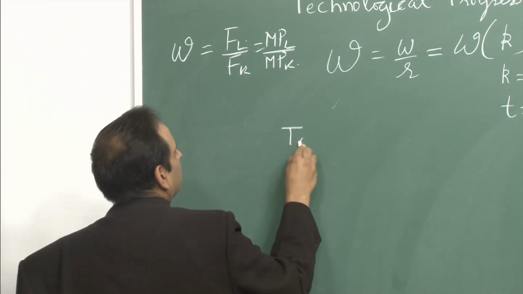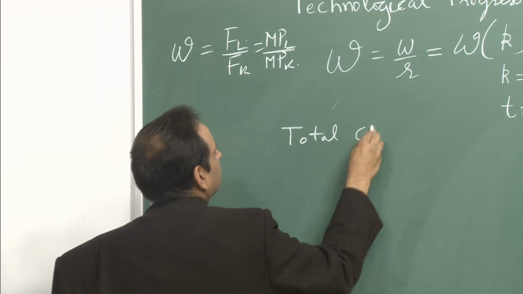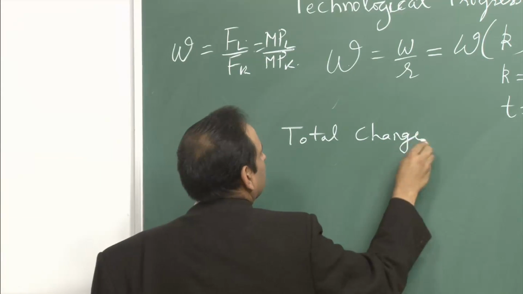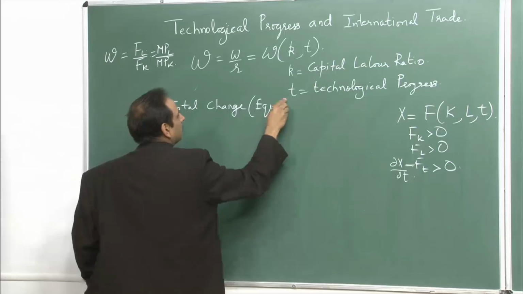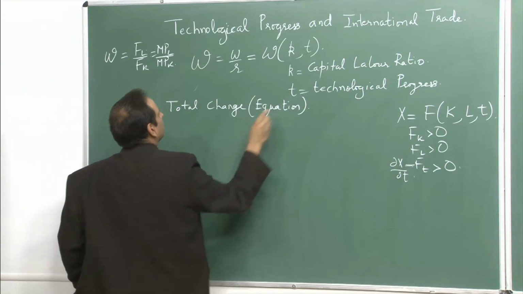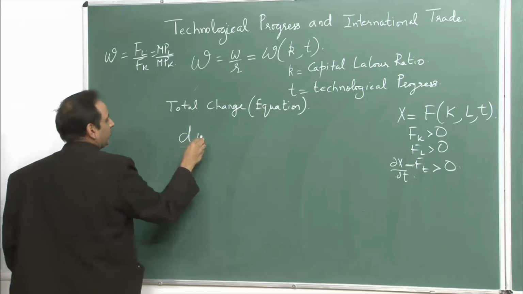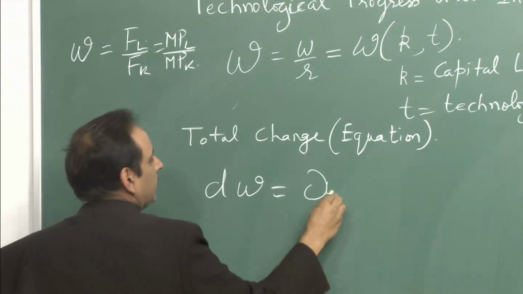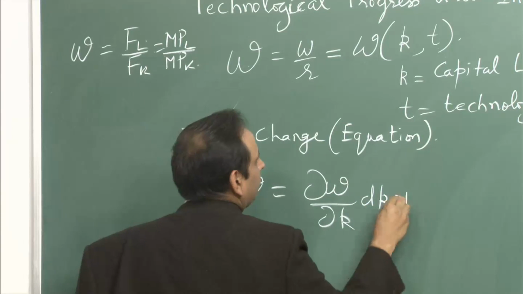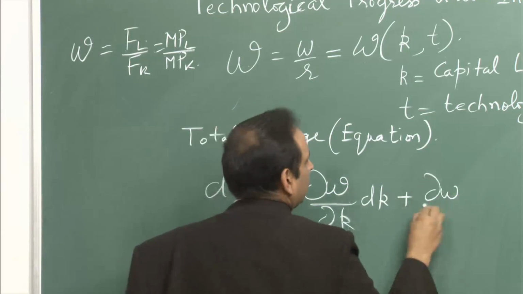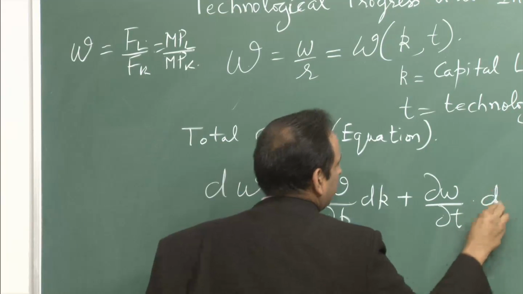So, the total change equation is d omega equals del omega del k dk plus del omega del t dt.